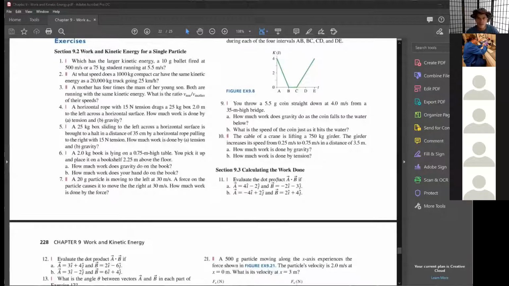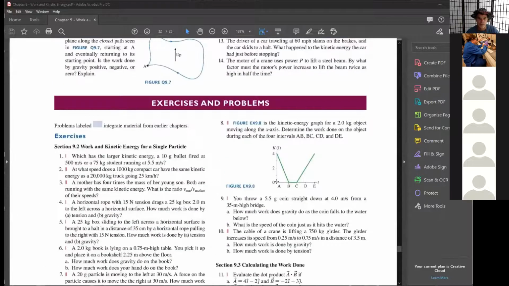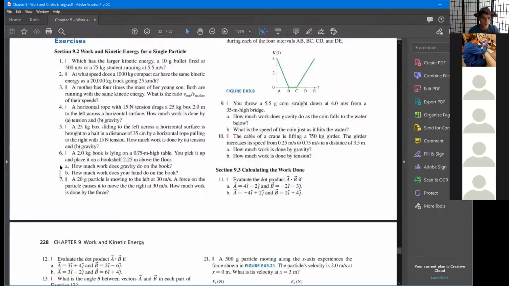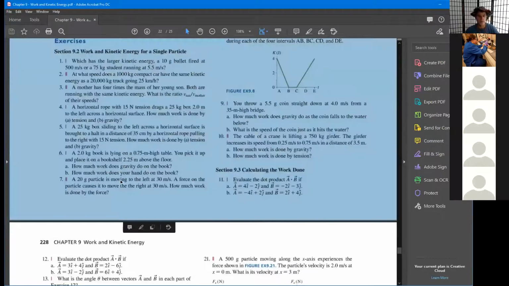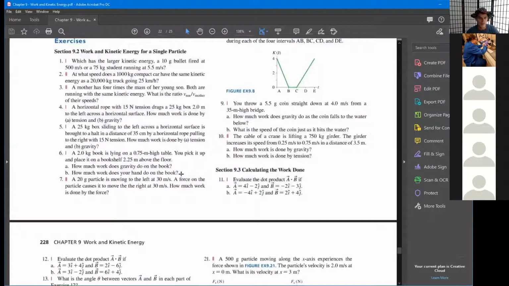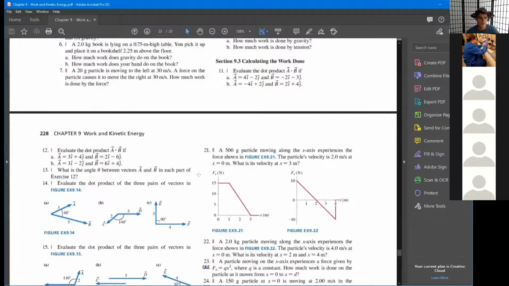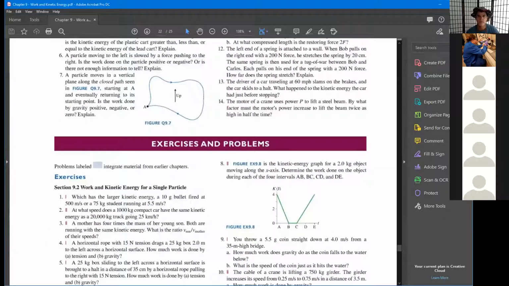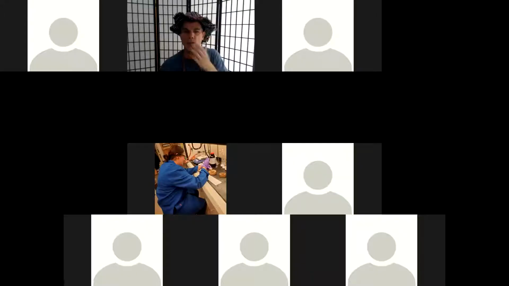It should be 7, I believe. This one? Yes. I believe it's supposed to be a 15 kilogram car towed from rest. I don't know, maybe it was from the Mastering Physics homework. I'm not sure. Why don't you just describe it to me?